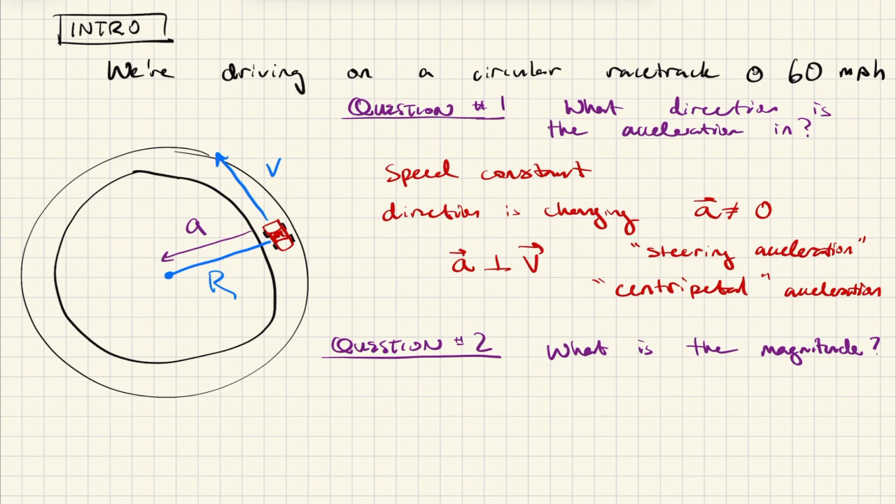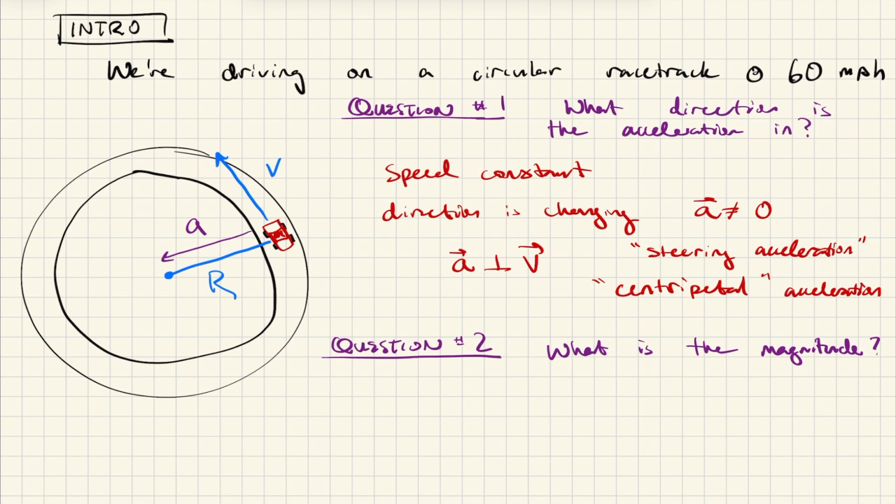And the second question we might have about this acceleration is, what is the actual magnitude? How strong is this acceleration? What I want to point out is the following. If we're doing this on a racetrack at a particular speed of 60 miles an hour, we can't just pick any old random angle to turn our steering wheel in order to travel along this track.